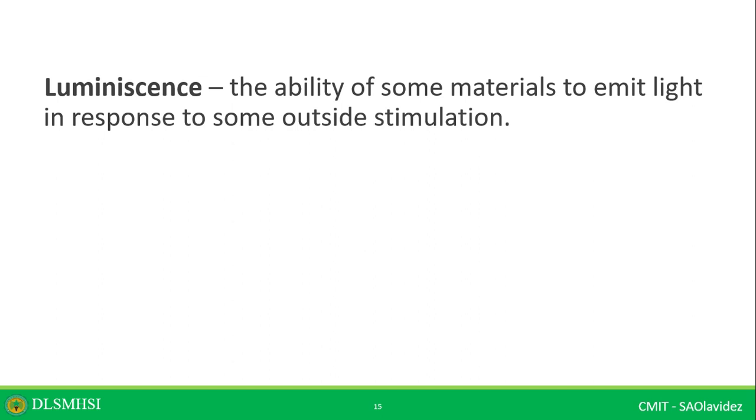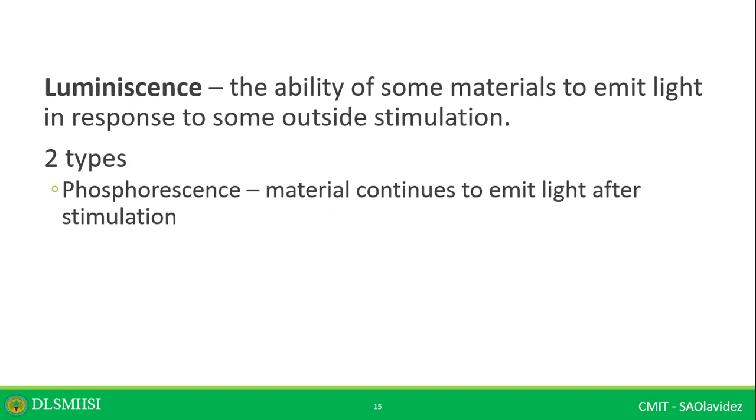Stimulants can be electricity, or light energy, or radiant energy, and the like. There are two types of luminescence: phosphorescence and fluorescence. Phosphorescence is the ability of a material to continuously emit light even after stimulation. Another, more popular term for phosphorescence is afterglow.